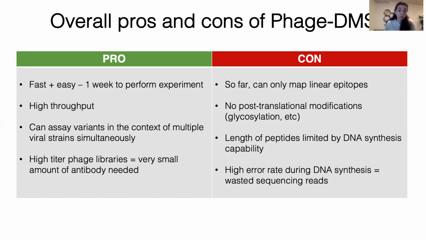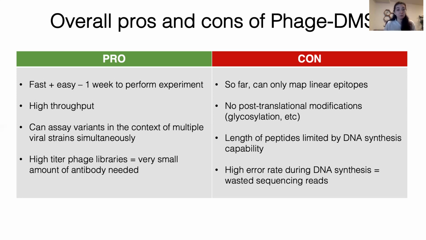And additionally, one drawback is the high error rate during the DNA synthesis step, which means that about 50% of your library is correct. And that means when you do these sequencing runs, about 50% of your reads are going to have to be thrown out at the end. So it's sort of wasteful.